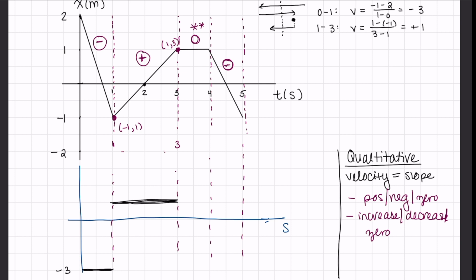We know this guy is 0 since it's flat, but if you wanted to be safe and you don't trust me, v is going to be 1 minus 1 over 4 minus 3, which is 0. So we'll put the 0 line there. And last we'll do v equals negative 1 minus 1 over 5 minus 4.